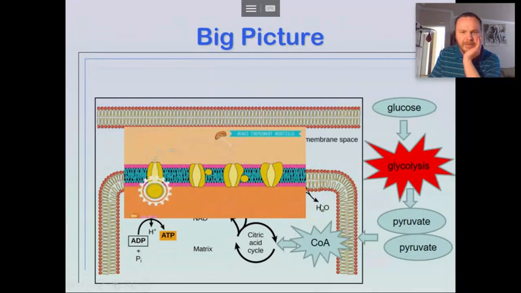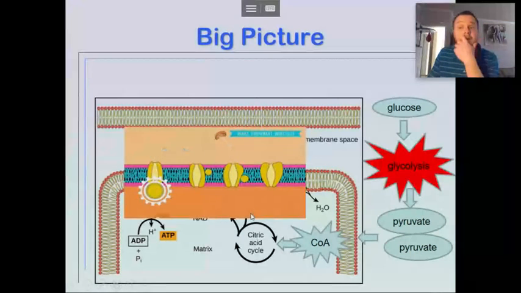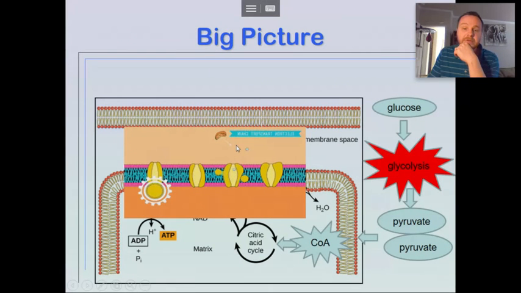You've got this complex of different proteins that are extracting those hydrogens from the NADH and the FADH, pushing them out into the space in between the layers of the mitochondria. And then those hydrogens can just move over to an ATP synthase and just trickle back into the cell.